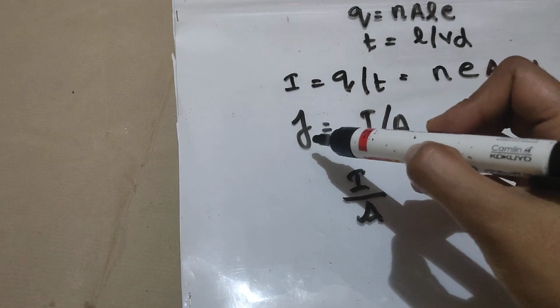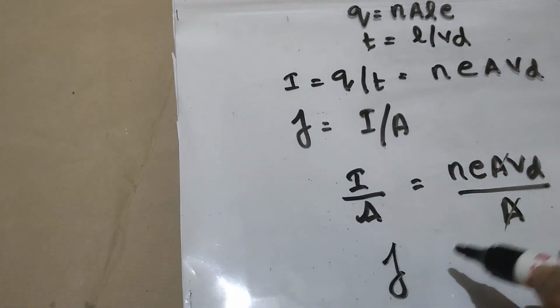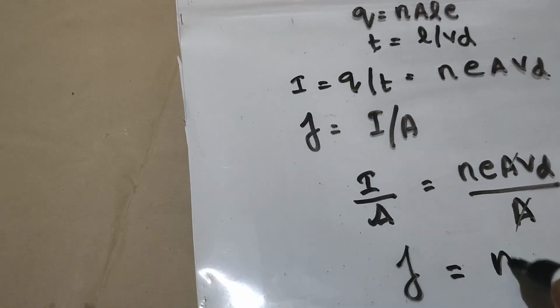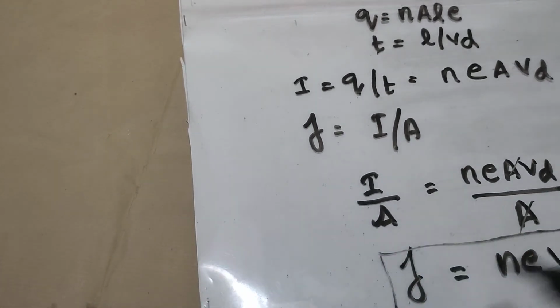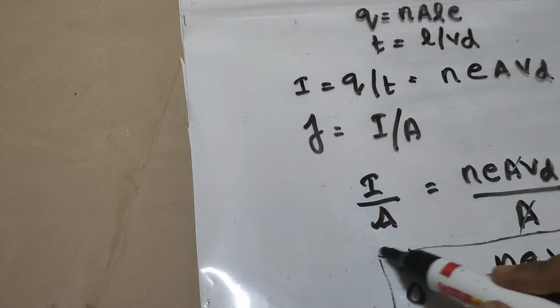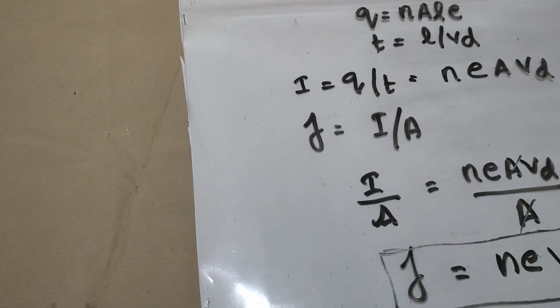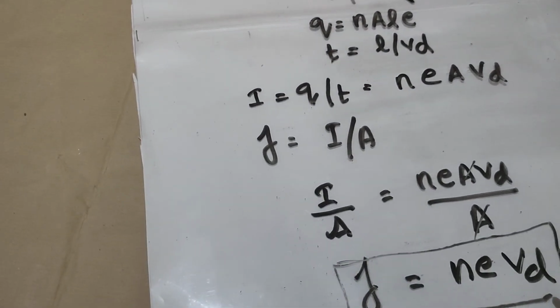It is current density J. Therefore J is equal to neVd, which is the equation for current density in terms of drift velocity Vd.